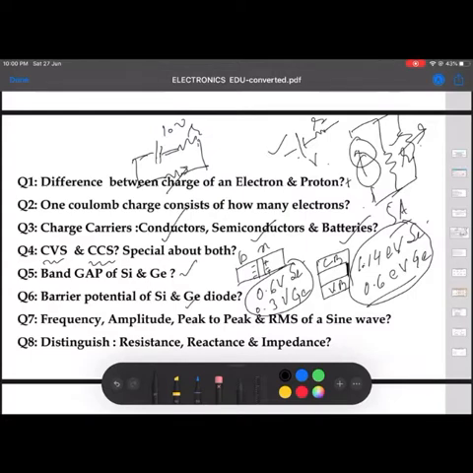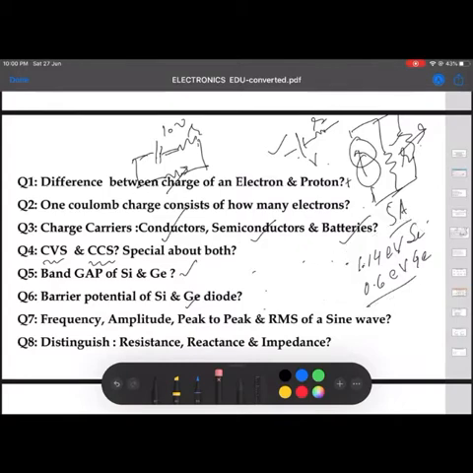I repeat, this is independent of whether there is a PN junction or not. It has to be a semiconductor. Here it has to have a potential difference. So one should be very clear that there should not be any confusion between the band gap and the potential barrier.